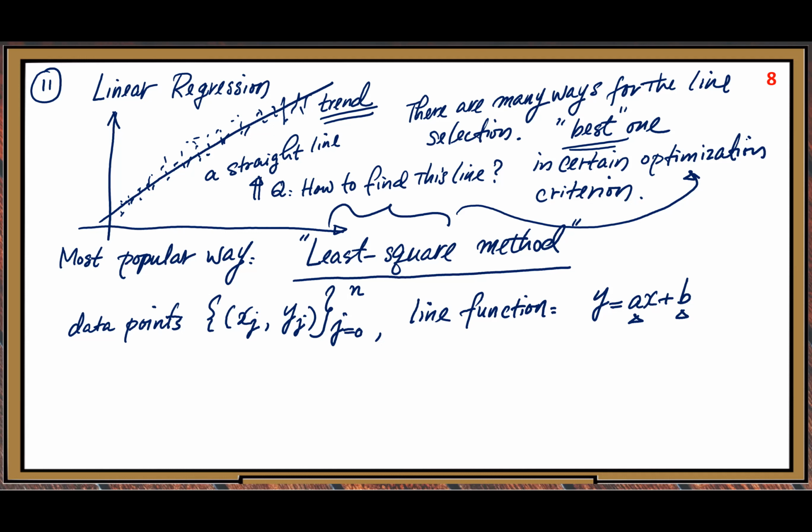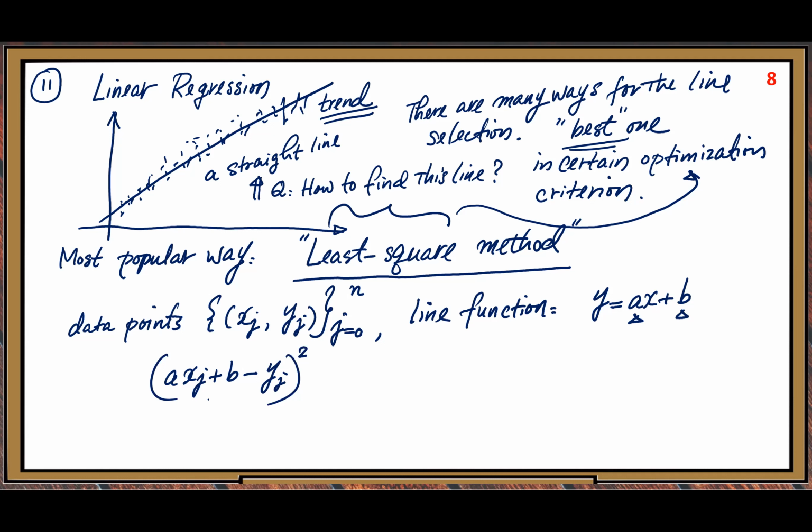Then we basically calculate the distance. For each point, let's plug in a xj plus b minus yj. If a point is not on the line, then this number won't be zero.